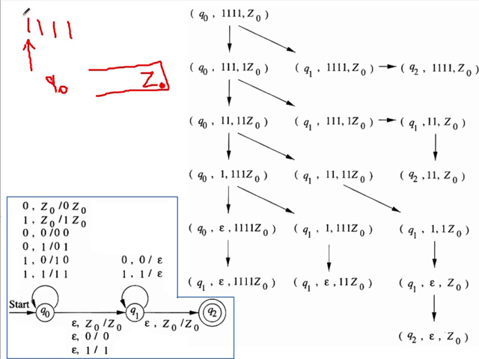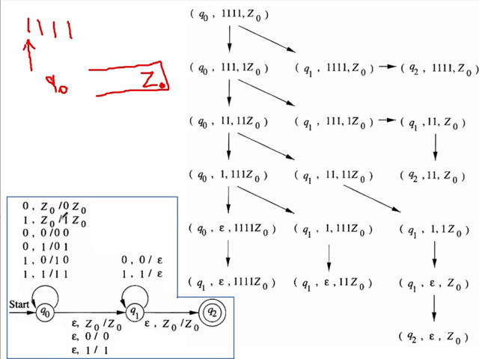The current input symbol is 1, and the current stack symbol is Z0. So we have to match 1 and Z0, right? And this says that the stack will be replaced by 1 Z0.